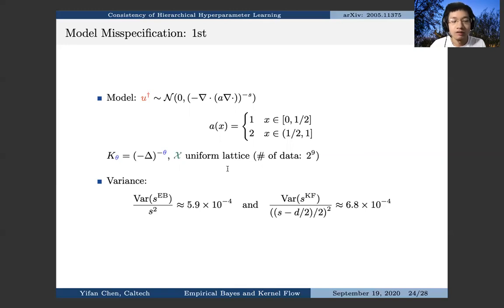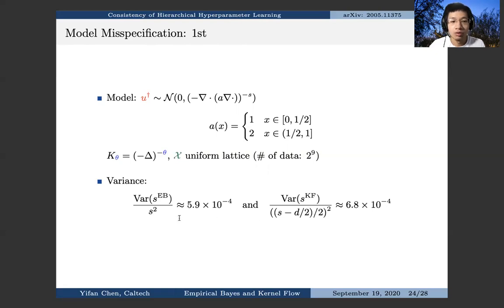Interestingly, we found that even in this model misspecification setup, the empirical Bayes and the kernel flow will still converge, and the behavior is very similar to before. So it converges to S and S minus d/2. However, the variance behaves differently. If you remember the previous results, the empirical Bayes had a much smaller variance compared to kernel flow.